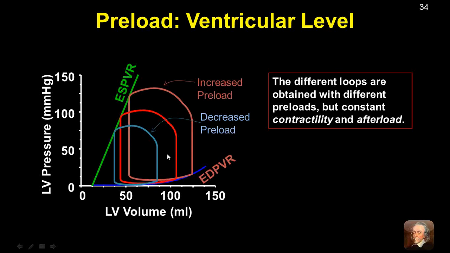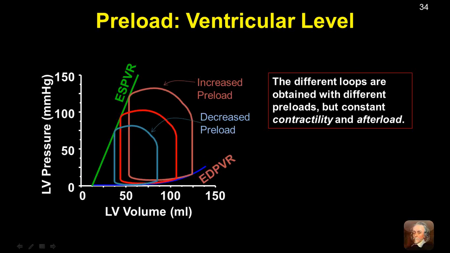Also note that as I change preload, there are significant changes in the pressure generation that the heart is able to achieve. And this is despite the fact that in this construct, we've not changed anything about the vascular system.